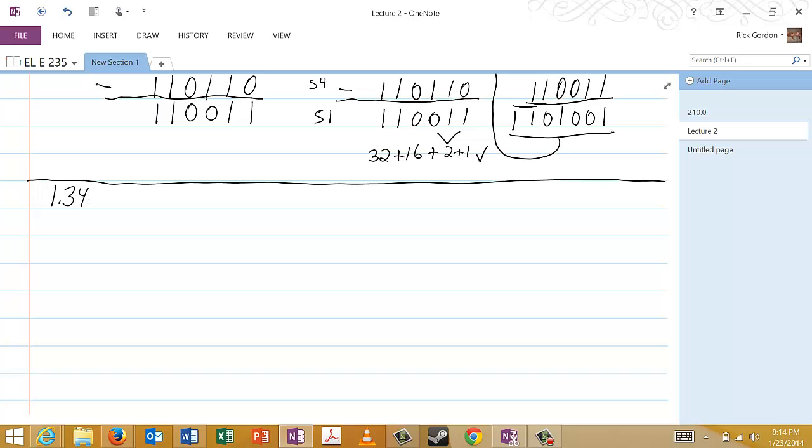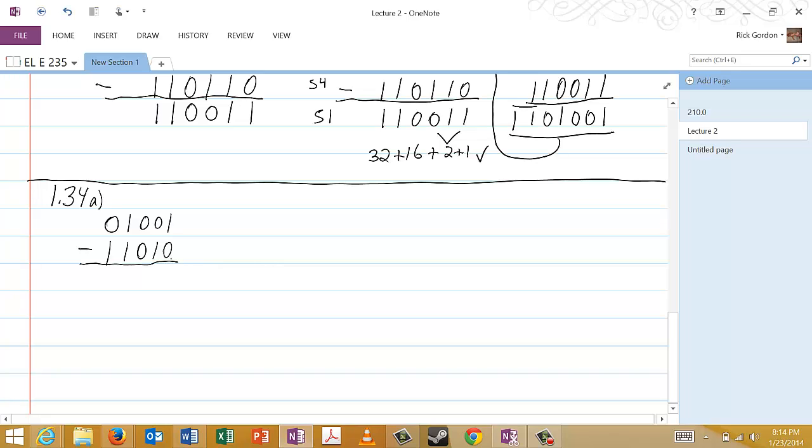So in this problem, this is part A, they want us to do the following calculation: 01001 minus 1010.